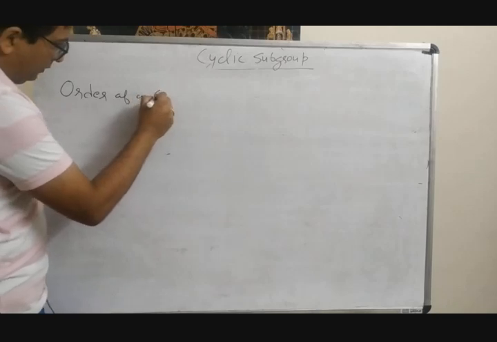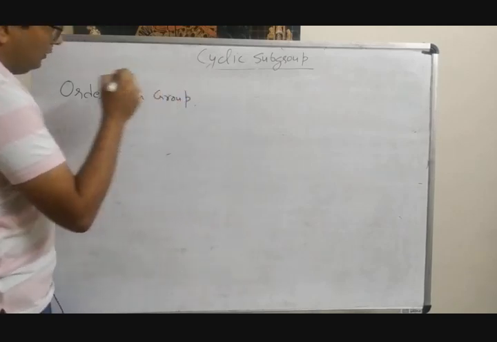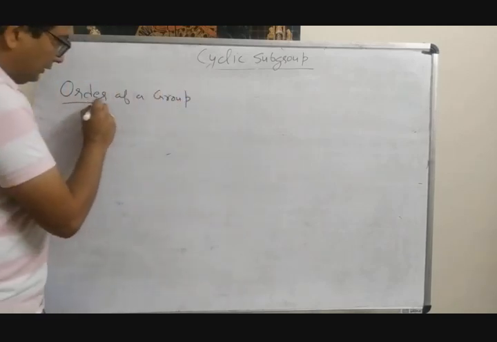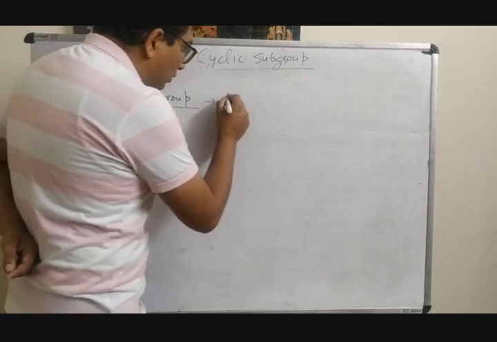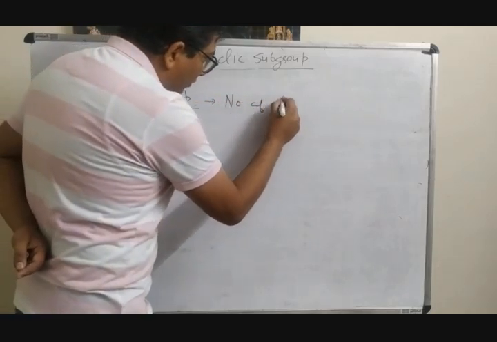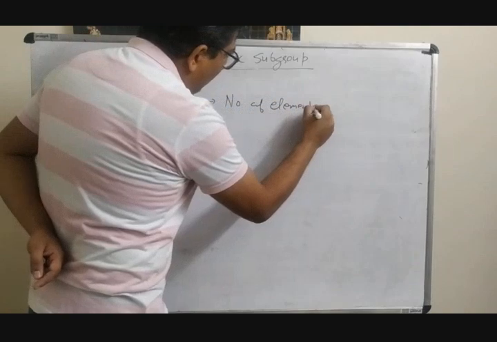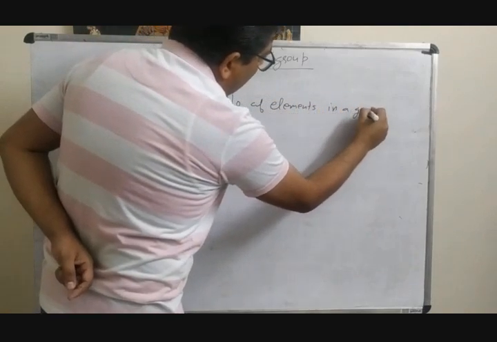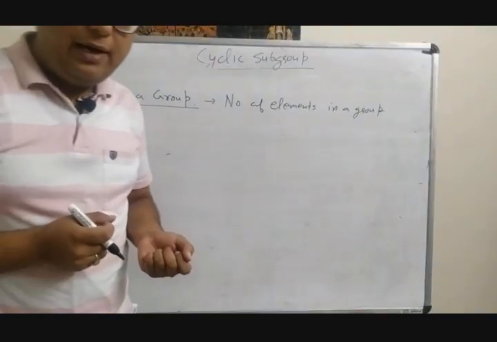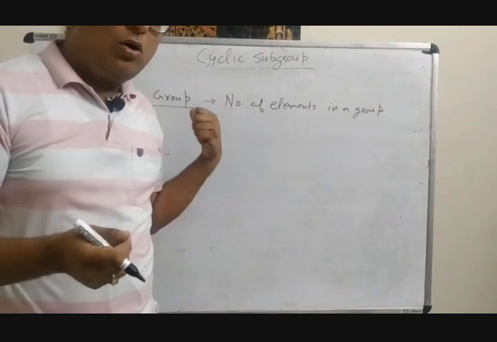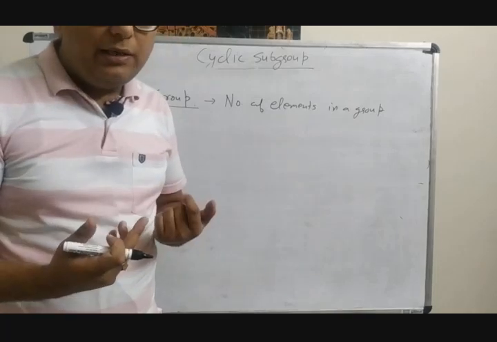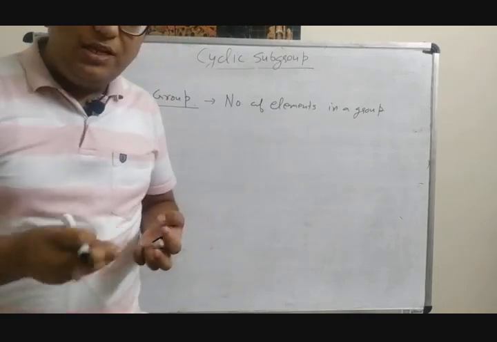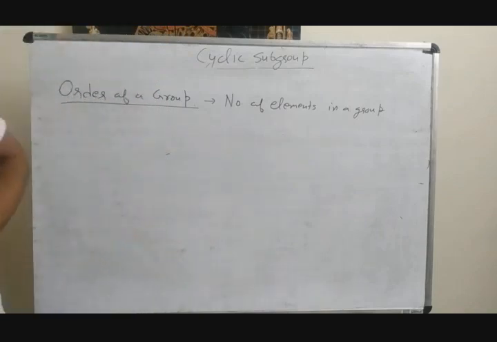The order of a group means the number of elements in a group. A group can be finite or infinite. If it is finite, then the order of the group is the number of elements in the group. If it is infinite, then the order of the group is infinity.